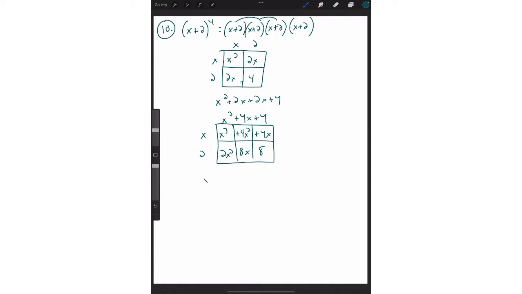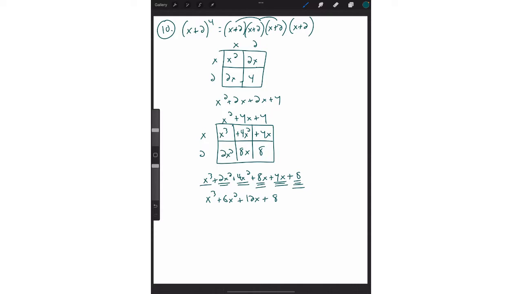If I add everything up, I get x to the third plus 2x squared plus 4x squared plus 8x plus 4x plus 8. Okay, so I could just say x to the third and then add these two terms. They're like terms, so I can combine them. These two are like terms, so I can combine them. And then I have plus 8.